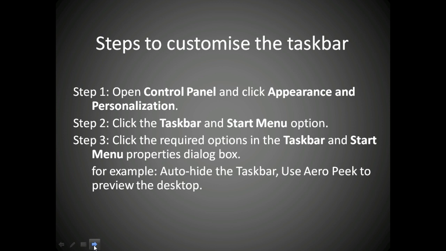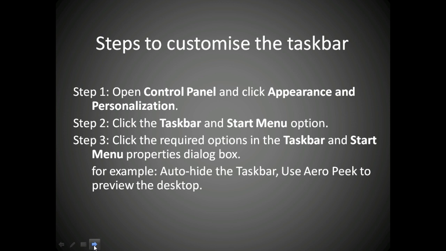Once you click on that, you have to click on the taskbar and start menu properties dialog box. Dialog box is a small box which contains some information for the user. Now in that dialog box you have lots of options.